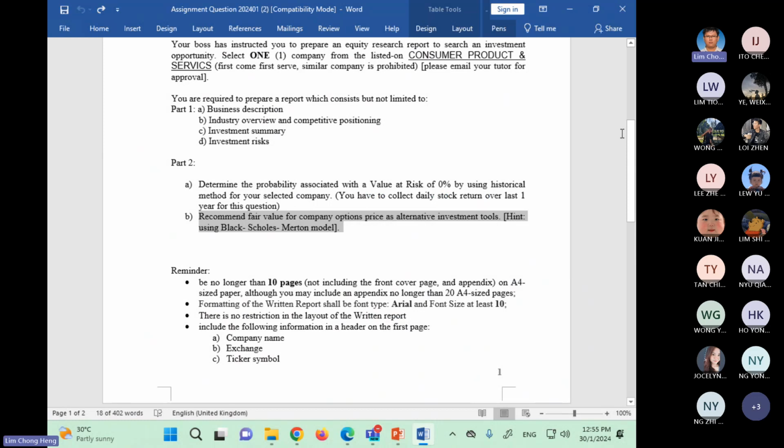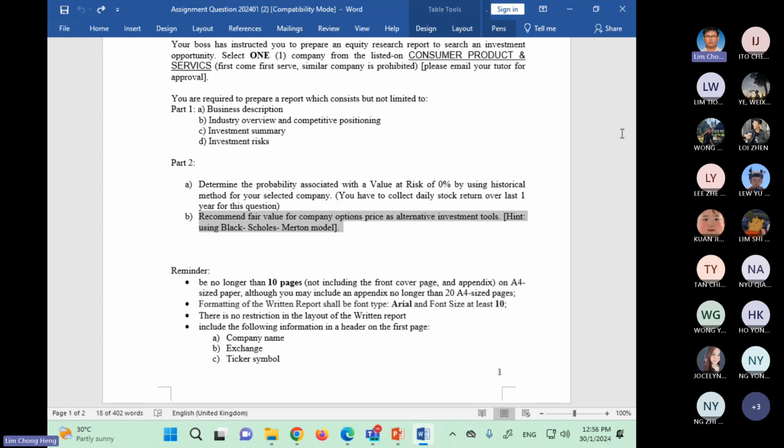In 2B, you need to recommend whether we have any alternative investment opportunity or not. That means, if you recommend this company has potential to buy, but I don't have money. Assume just now the share price was 4 ringgit something. I don't have sufficient money, so you can recommend that I buy the option.